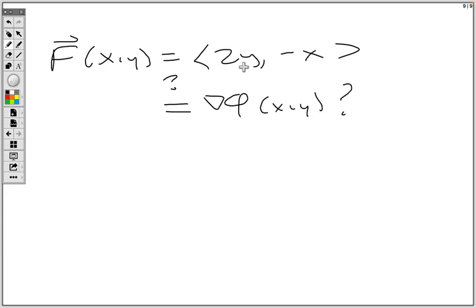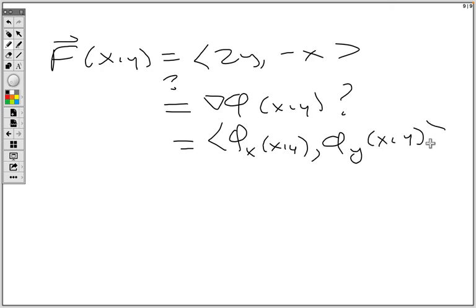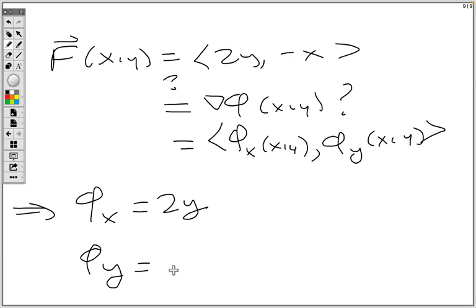Okay, well, if this were a gradient field, then this field would look like the partial derivative with respect to x, comma, partial derivative with respect to y, which means that your phi x would have to be 2y, and the phi y would have to be minus x.